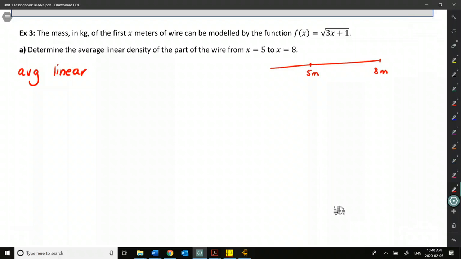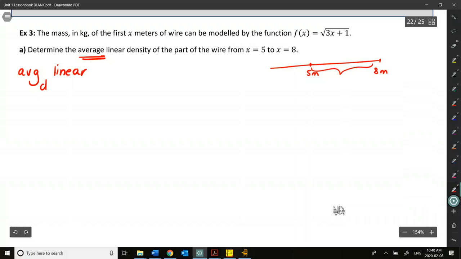So we talked about in advanced functions, instantaneous rate of change is going to be at a single point. Average rate of change, if I'm trying to find average linear density, that's over an interval of points. So I'm essentially looking at what the density is over that entire interval.